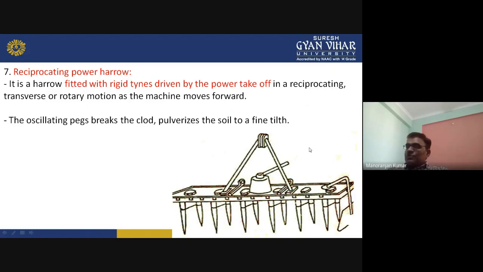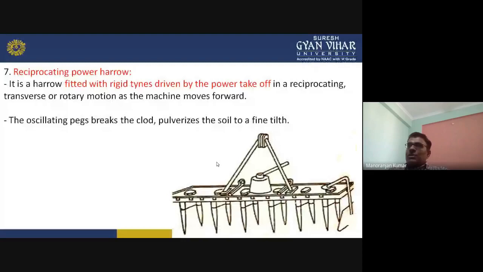With that power, the tines will move in a reciprocating, transverse or rotary manner, and due to this movement the soil will be pulverized. The oscillating pegs break the clods and pulverize the soil to a fine tilth. So this is the reciprocating power harrow. This is about the harrow.